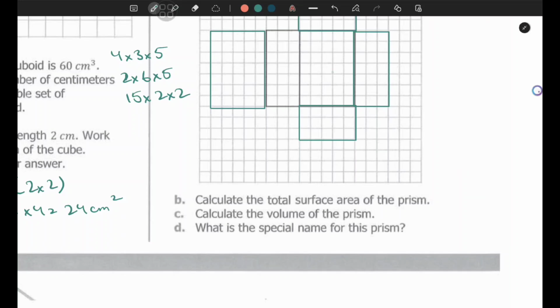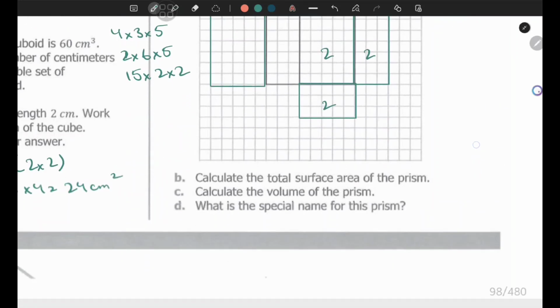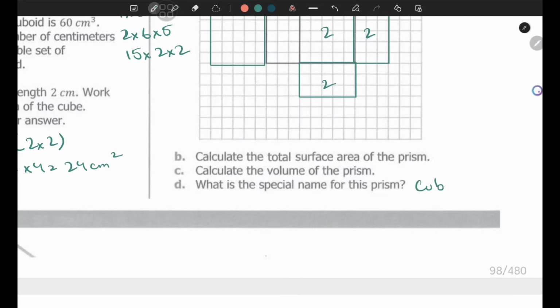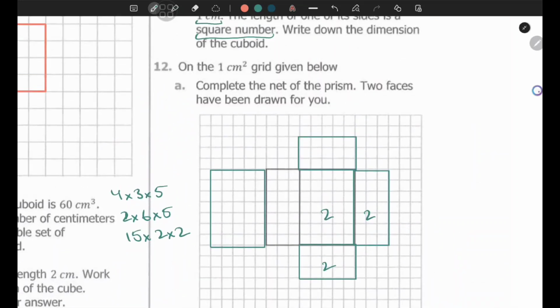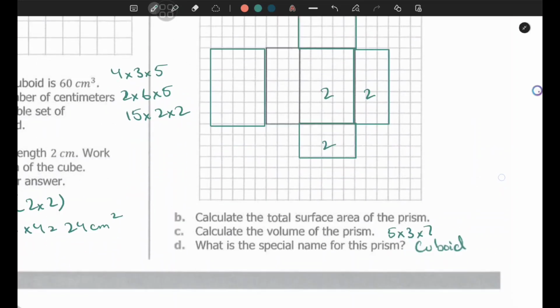The surface area would be twice of this dimension, twice of this dimension, twice of this dimension, and this prism is called a cuboid. Calculate the volume of the prism. It would be 5 by 3 by 7. So that's the basic question, and that's it.